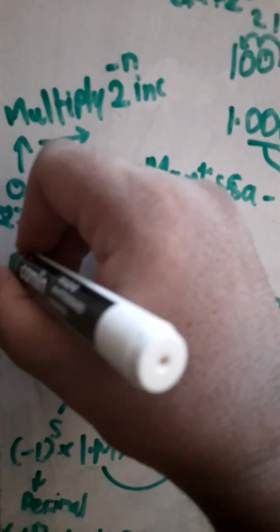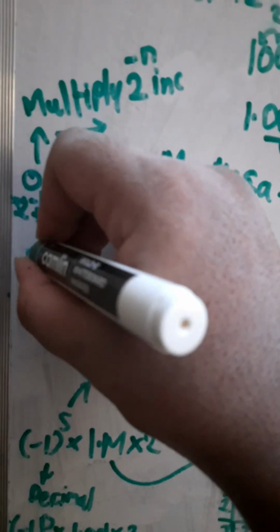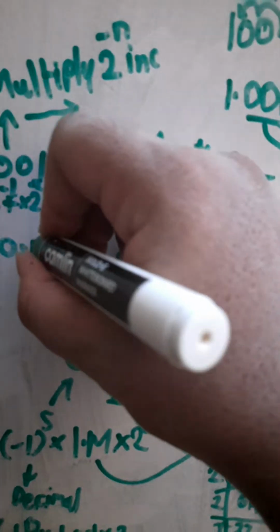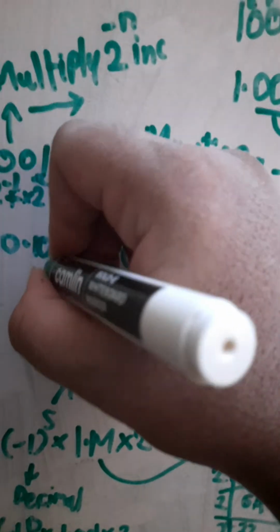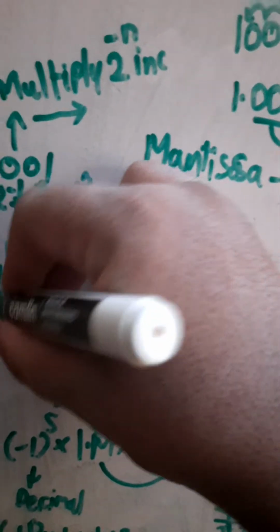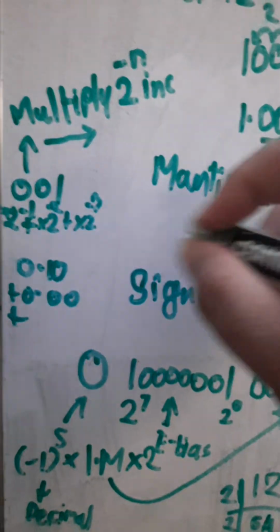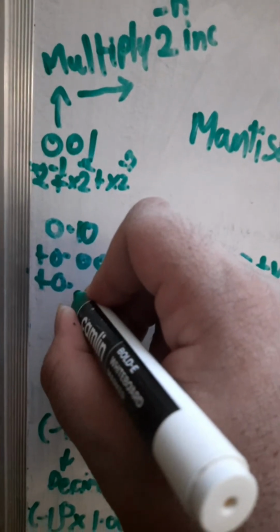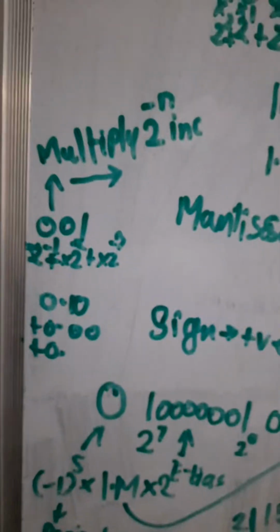So what is this? This is 0.0, plus 0.00, and this is 2 cubed, so I have to divide by 2 cubed, so it is 1 by 8 actually.